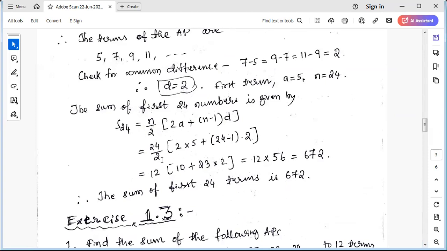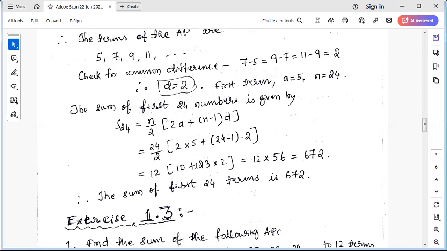So n is 24 by 2 into 2a, A is 5, put its value, plus n is 24, (24 minus 1) into D. D is 2. Simplify: 24 by 2 is 12 into the bracket, 2 into 5 is 10 plus 24 minus 1 is 23 into 2.